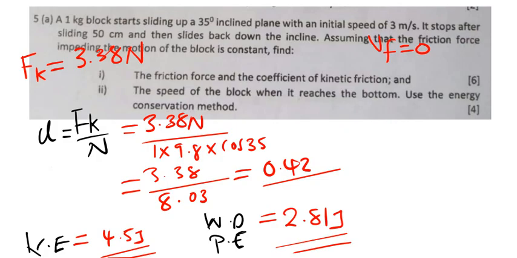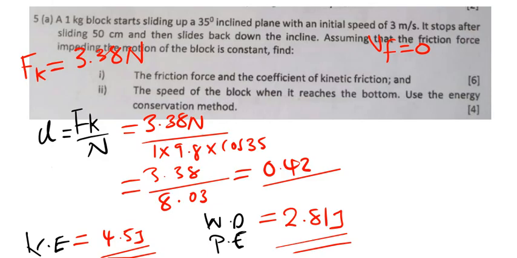Because you are losing height, you are losing gravitational potential energy, and you'll be experiencing a lot of friction going this way, work done by friction. Those are some of the concepts you're supposed to understand.